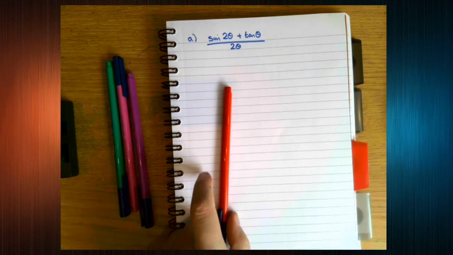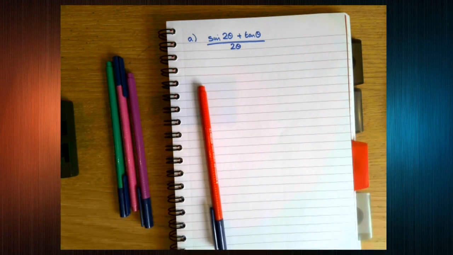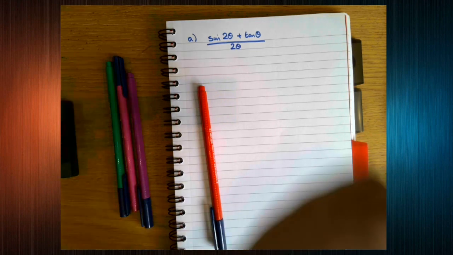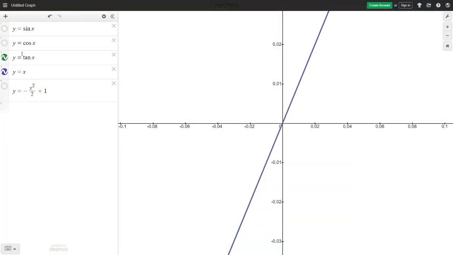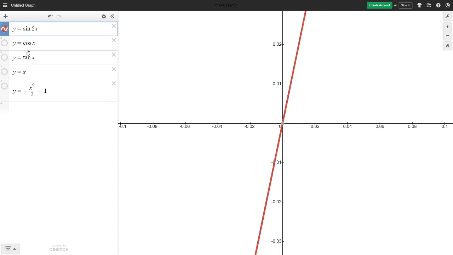So let's go back to our graphs just to have a quick look at that. So we know that sine x is really close to y equals x. But what happens if we stick a 2 in it? Well, this purple graph here, this is y equals x.